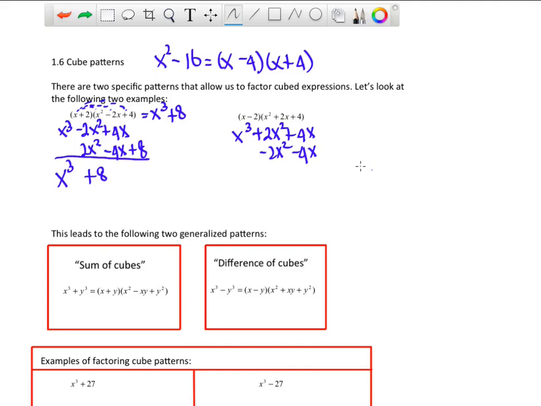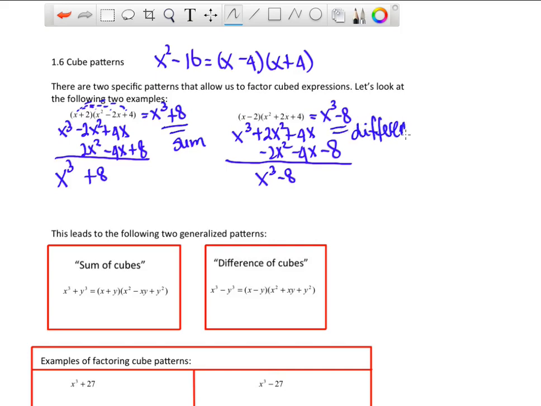And now when you cancel everything, you end up with x cubed minus 8. So x cubed minus 8 is called the difference of cubes. So that's a sum of cubes, and that's a difference of cubes. Sum, and then here, a difference.